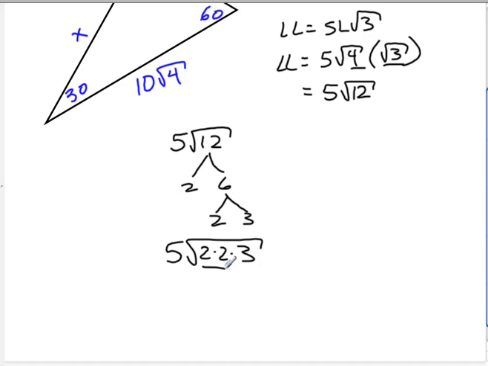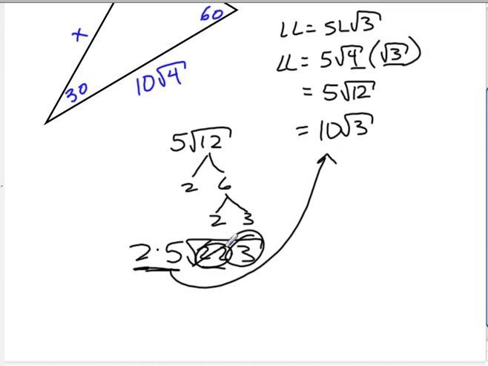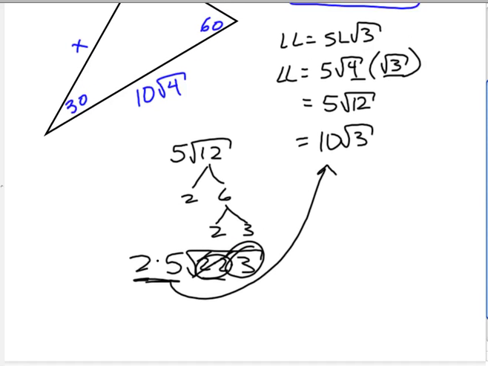Square root of 2 times 2 is actually the square root of 4. Square root of 4 is 2. 2 times 5 is 10 times the square root of 3. 2 comes out. 2 times 5 is 10. Square root of 3 is left inside.